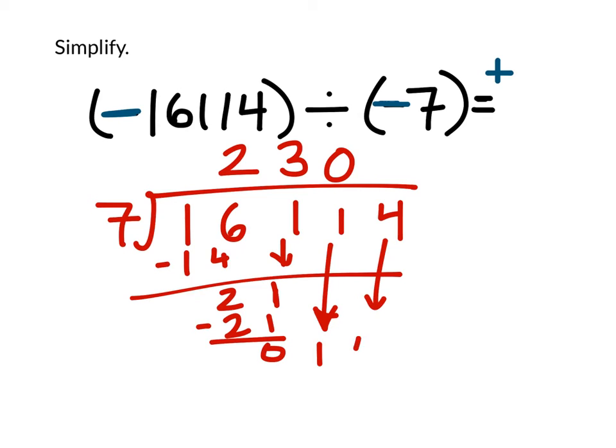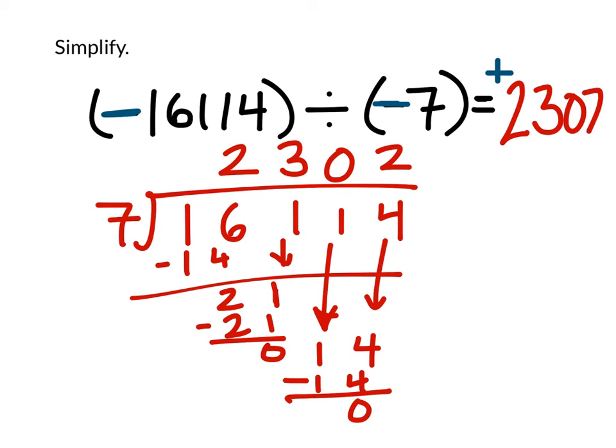But when we drop the 4, it will go into it as 14. 7 will go into 14 2 times. And 2 times 7 is 14. So we have 0 remaining on this one. So the final answer, that's positive. We remember it's positive. And that's 2,302. And that would be our final answer for this one.